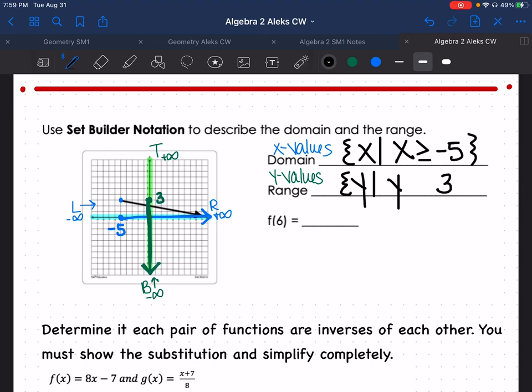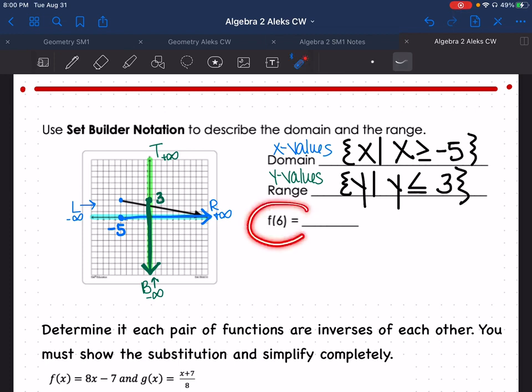Leave space to decide, is it less than or greater than? Remember, the infinity is going to tell you: negative infinity is always less than, positive infinity is always greater than. So since I see it going towards negative infinity, I'm going to use less than. Since the 3 is closed, I'm going to put my bar underneath, and I'm going to finish with my squiggle.